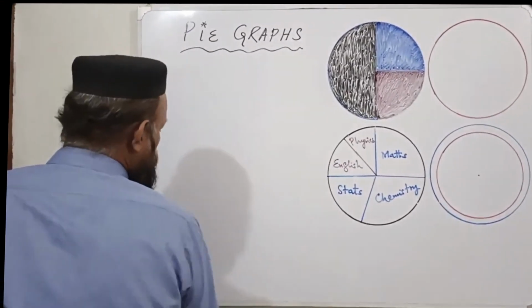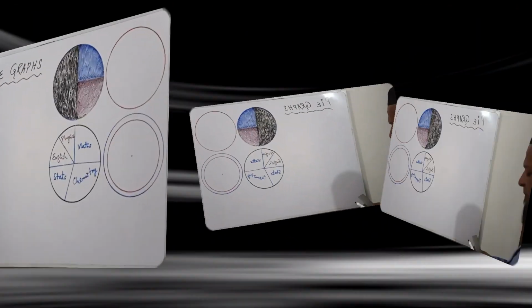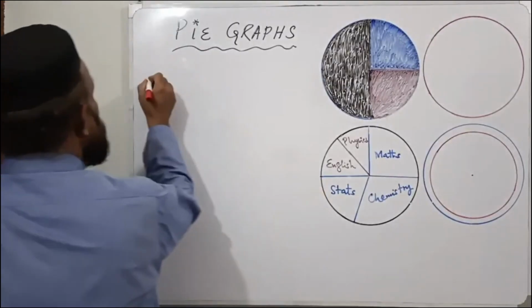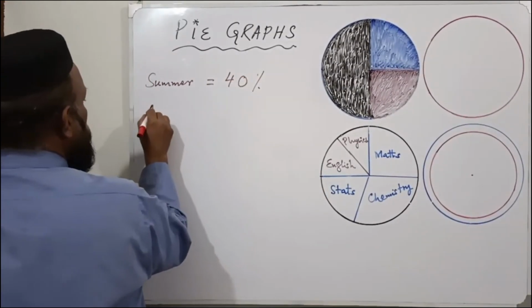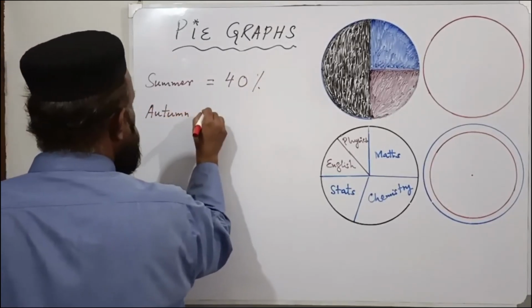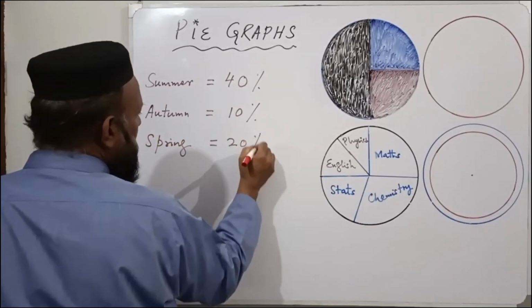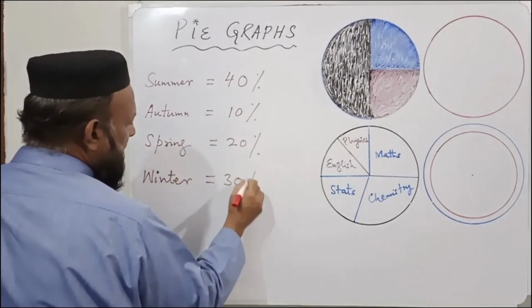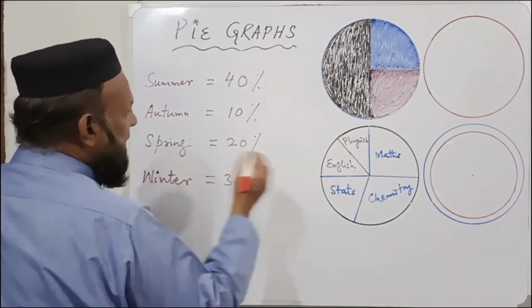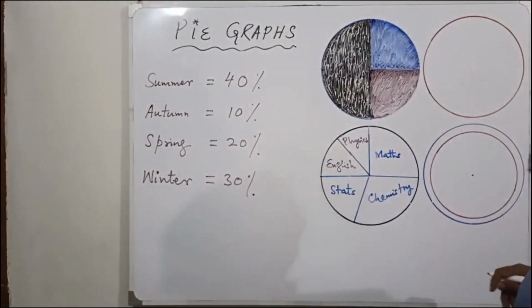Okay. Let's suppose we have to make a graph regarding the seasons. Let's suppose the share of summer is 40%, that of autumn is 10%, that of spring is 20%, and that of winter is 30%. Now let's draw the graph and check how we can build it.